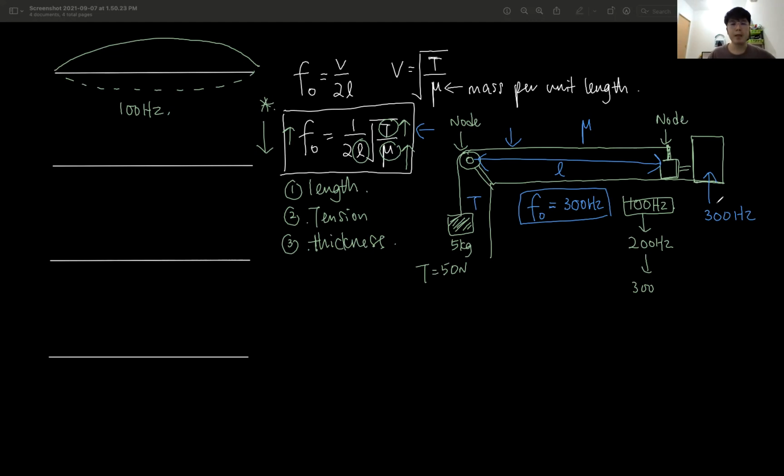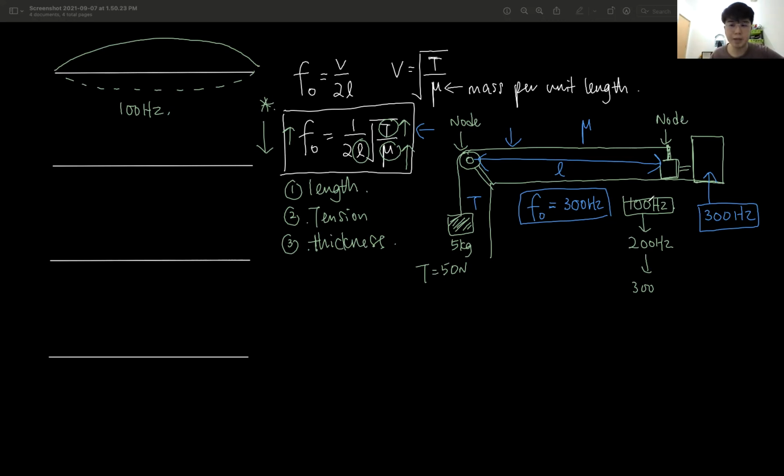The purpose of this experiment is to let you find the fundamental frequency experimentally. You keep on adjusting this one until you see the fundamental mode. Then you know that is the fundamental frequency.